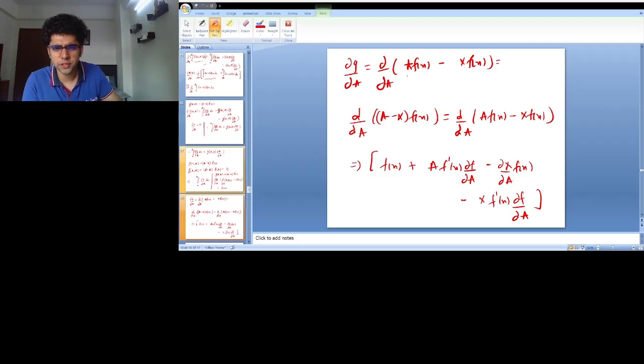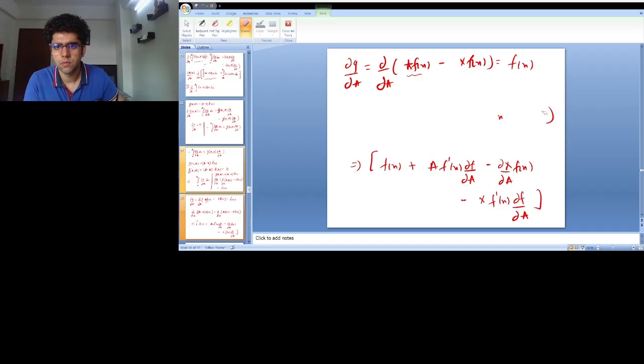So this first expression a f(x) will reduce to f(x), right? And I am erasing this whole part. This was just for your explanation, to show you the difference between the normal derivative and the partial derivative, right?